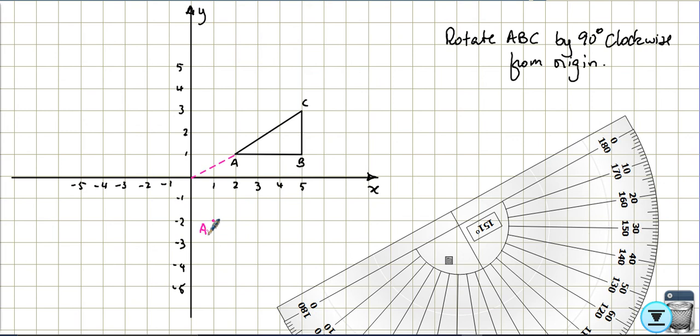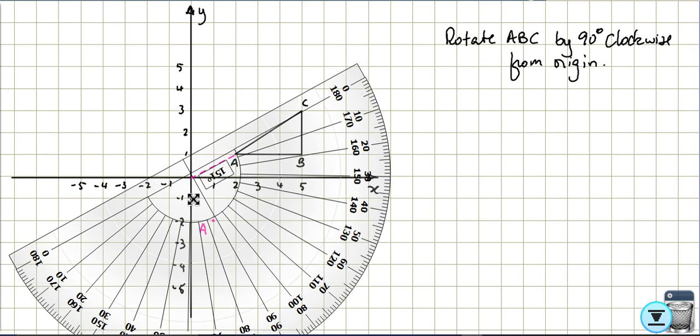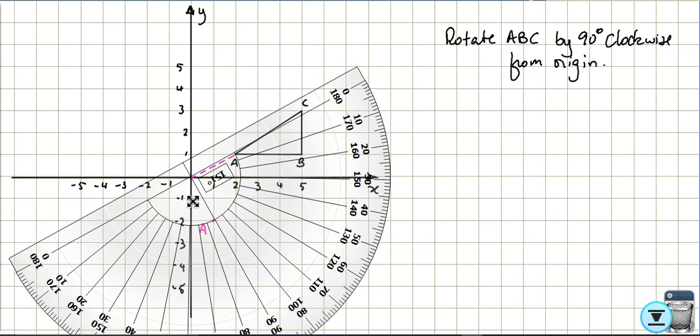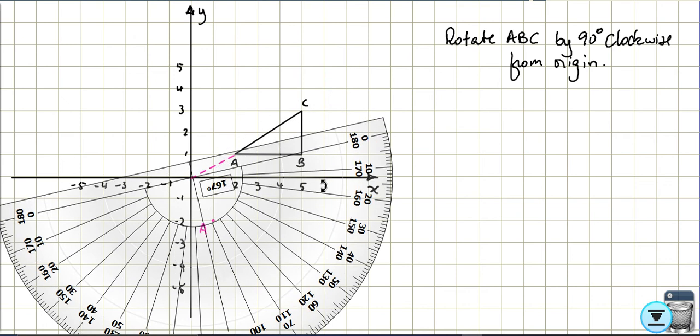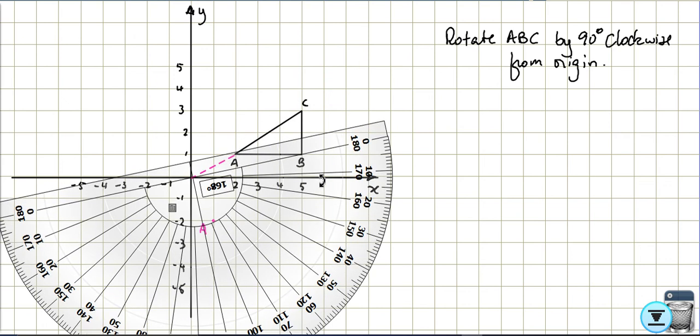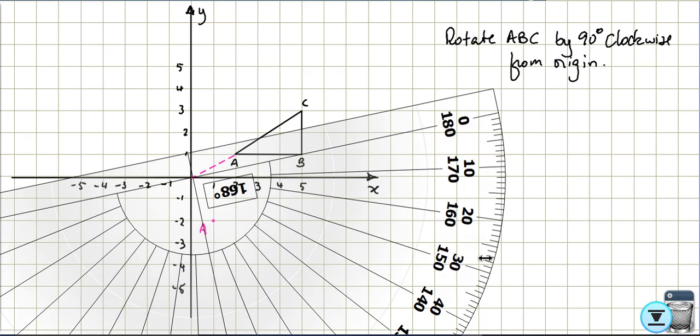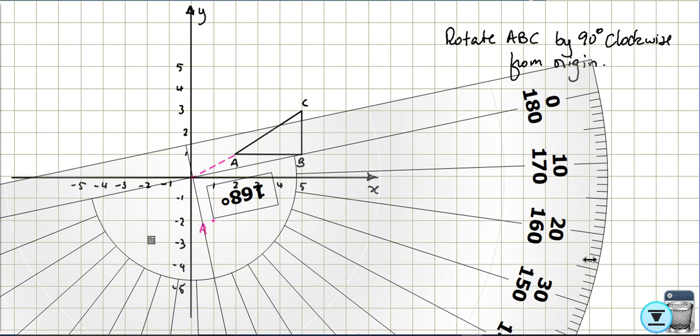Let's find where B would lie. So I'm going to place the protractor again. Alright, so this is B. I'm going to rotate this until the 0 lies on B. Okay, the 0 lies on B. As we can see, let me enlarge this as much as possible.